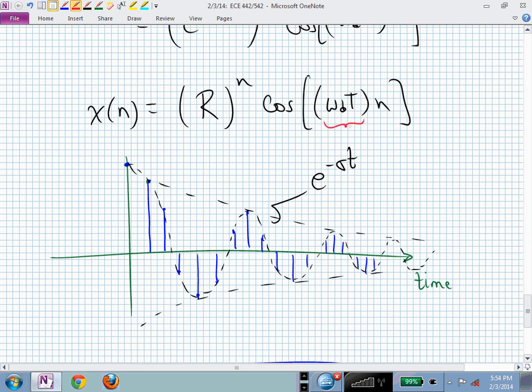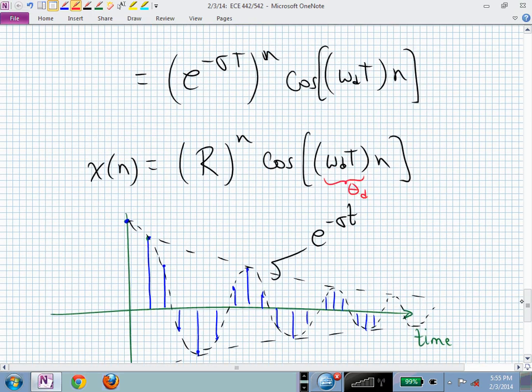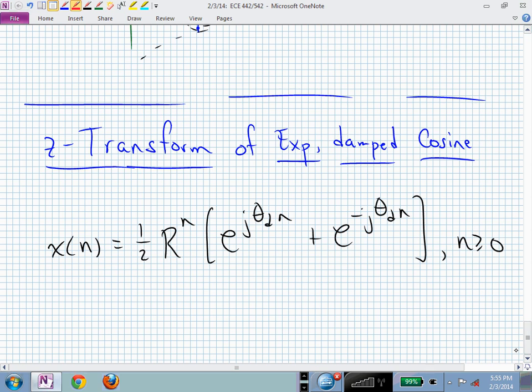I'm going to be going back and forth with notation, but this is now the r to the n, and then the cosine is e to the j theta d n plus e to the minus j theta sub d n over 2. That's where this 1/2 comes from now in my x sub n, or x of n.